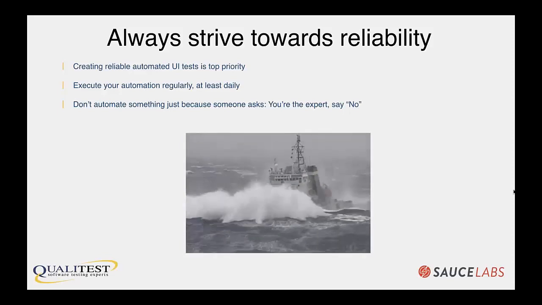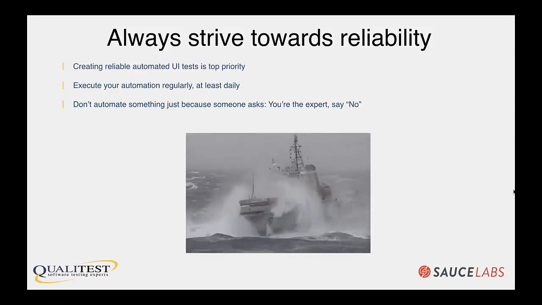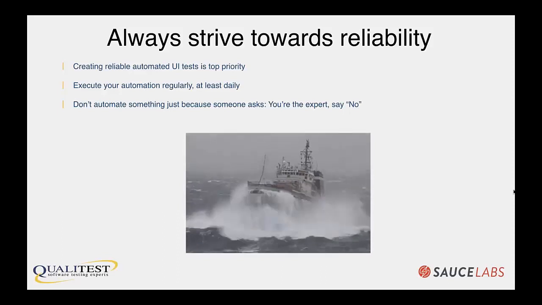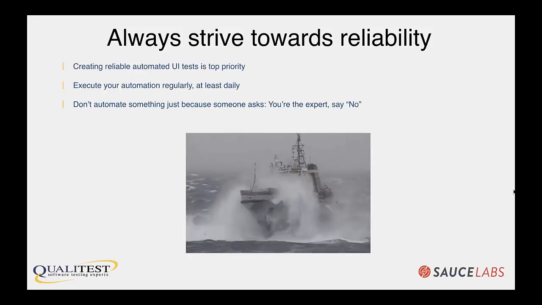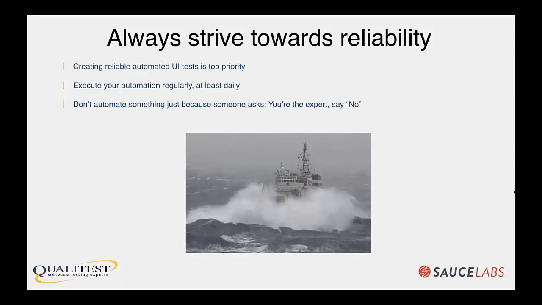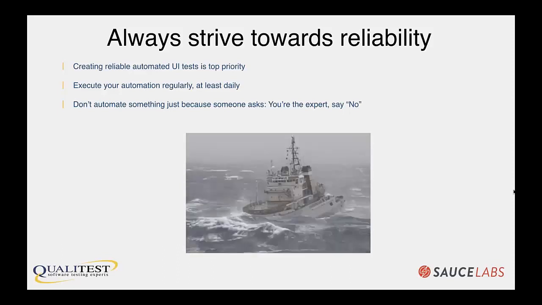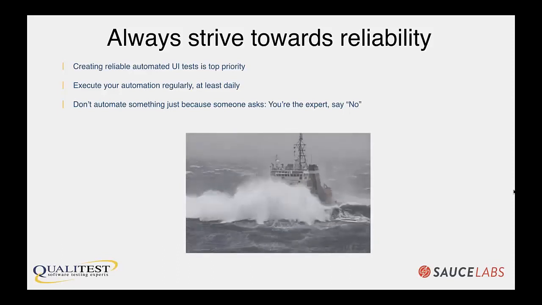So we need to be the experts during that time and say, no, it does not make sense to automate all of these test cases at the UI layer simply because it's just going to be a waste of the company's money. At some point it becomes unmaintainable, and they will need to be pushed down to lower levels of the test automation pyramid. So that's what we must do as experts in the field. As automation engineers, we need to say no and realize the appropriate scenarios for using UI automation.